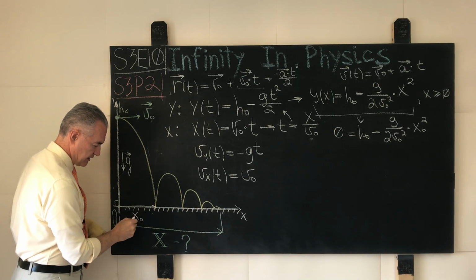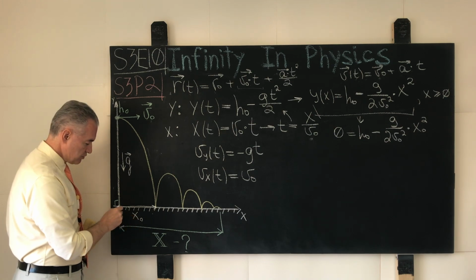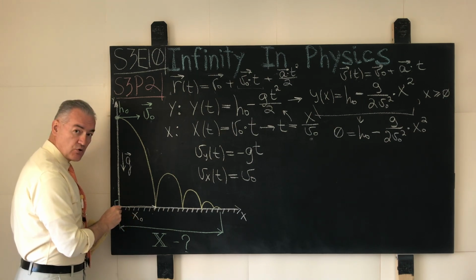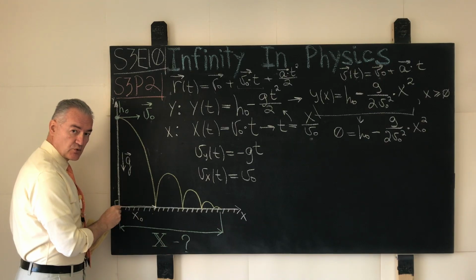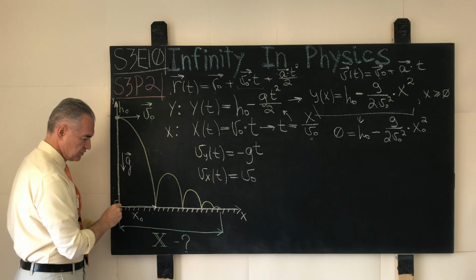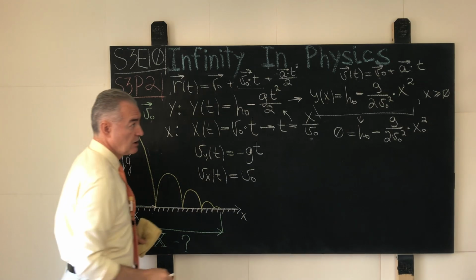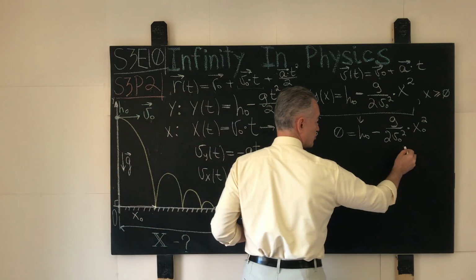In other words, x0 represents the horizontal displacement of our brave chicken from the origin of our coordinate system, which is what? Which is an orthogonal projection of the launch point onto the surface below. This distance right here, x0, and we can already solve this equation over here.